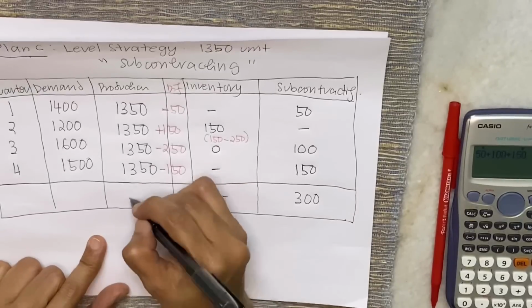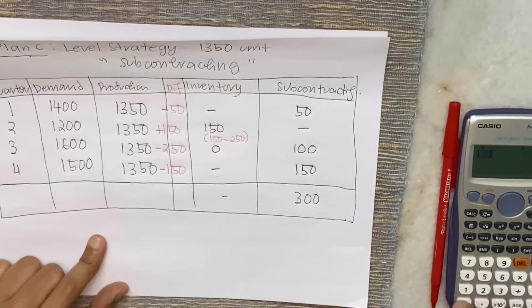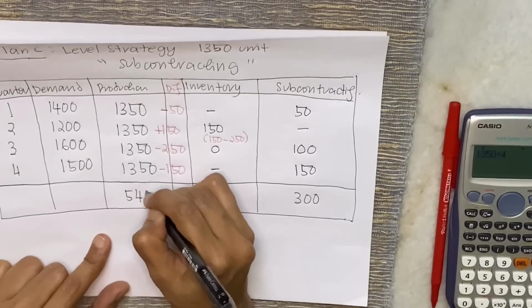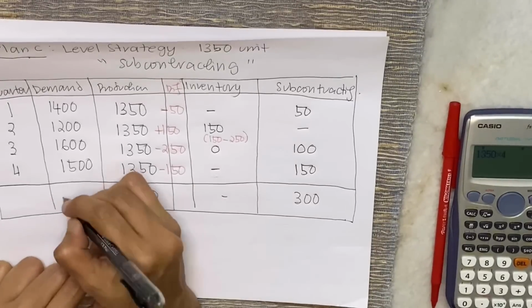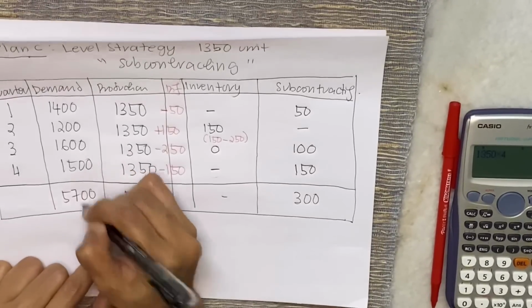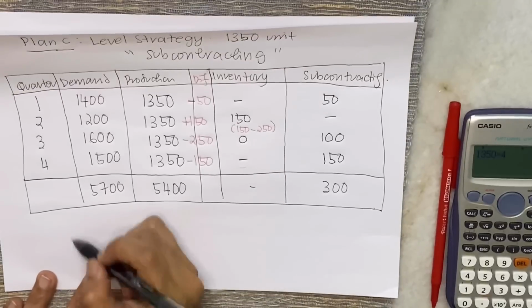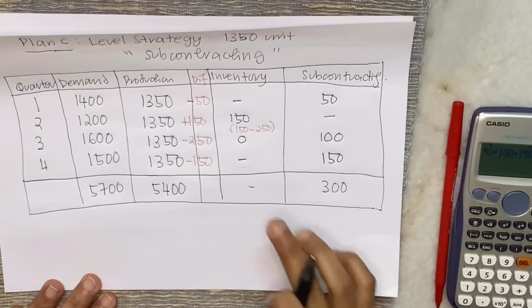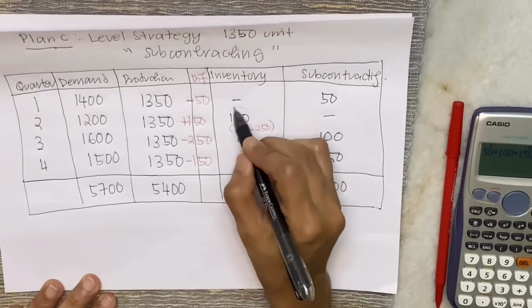So 1350 times 4, 5400. Right. Okay, this one is 5700. Alright, so now we have 50, sekejap saya kira lagi. 50, 100 plus 150, we got 300. Okay, our inventory ada 150.